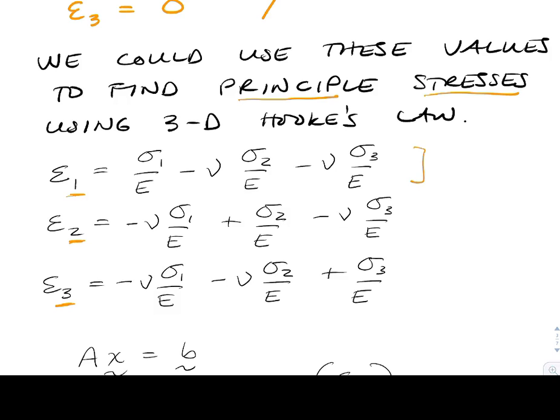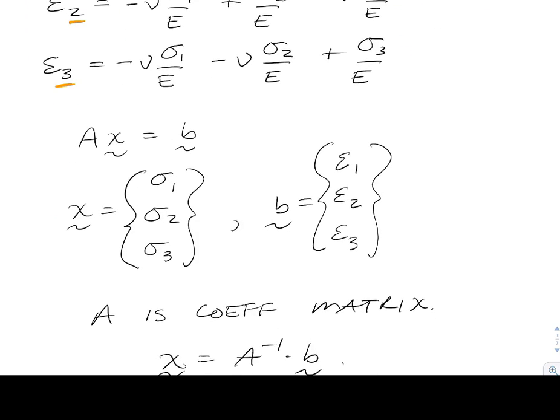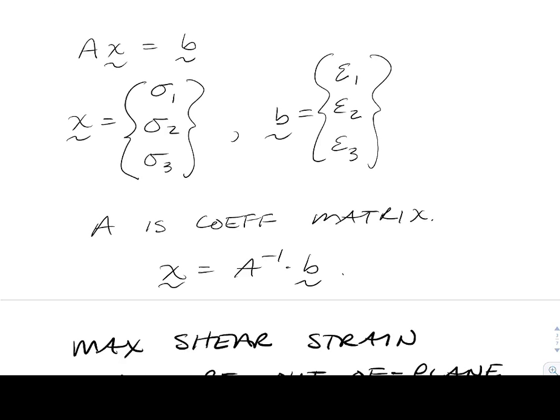So if you kind of scan through these, we've got a sigma 1 over E, and then Poisson's ratio with sigma 2 and sigma 3, whatever those three values end up being. So we'd be able to solve this by using the Ax equals b approach. And so the answer for the principal stresses would come from inverting your coefficient matrix.